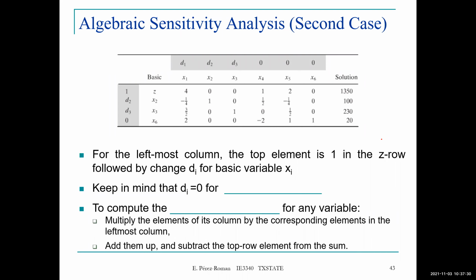Keep in mind that di equals 0 for a slack variable. So to compute the new reduced cost for any variable, multiply the elements of its column by the corresponding element in the leftmost column, add them up, and subtract the top row. So you're going to multiply this column by this column, and then you're going to add this coefficient at the top.